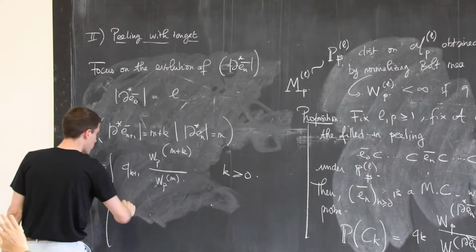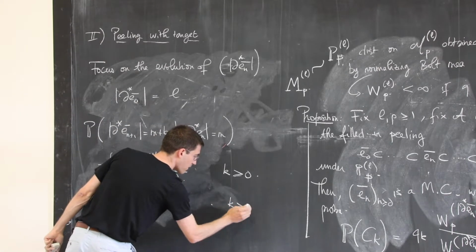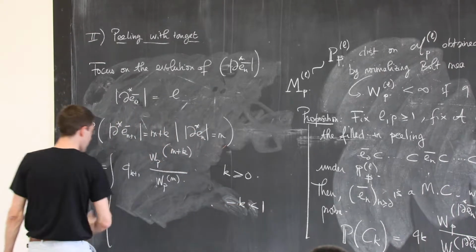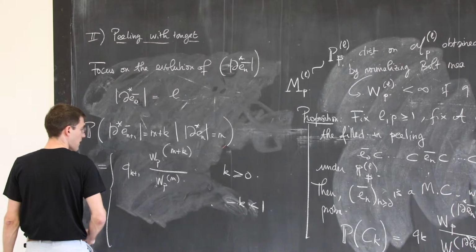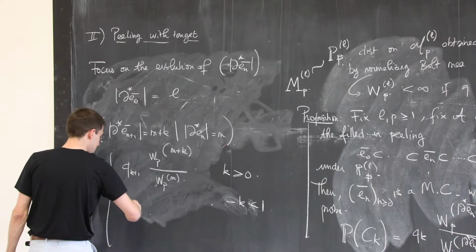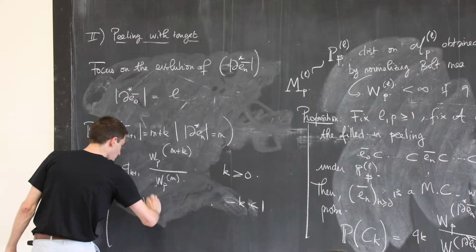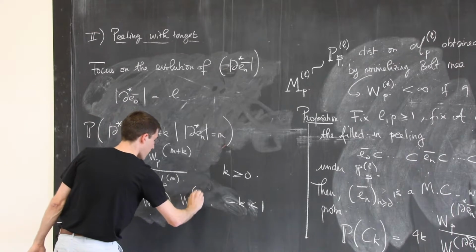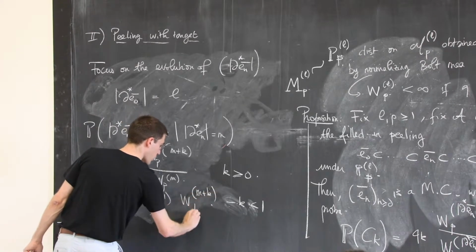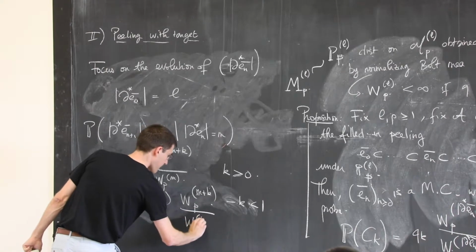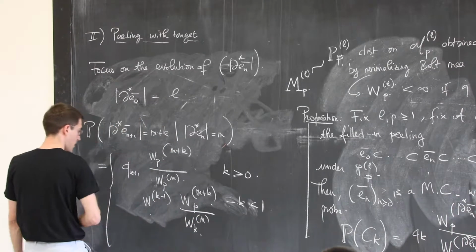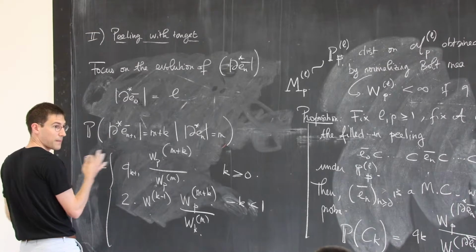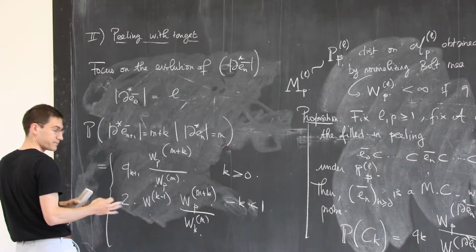So this decreases by minus k, if minus k is strictly less than minus 1, with probability w k minus 1, and then the ratio of my partition function with a target. But there is a factor 2 here, meaning that I can lose some perimeter either on the left or on the right.